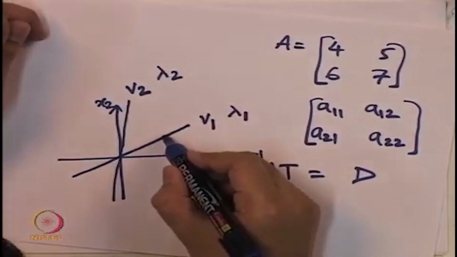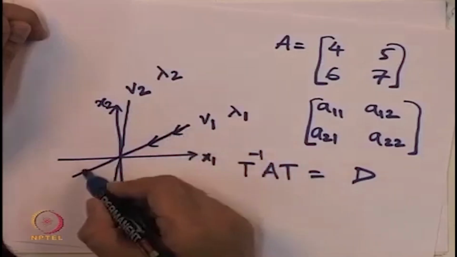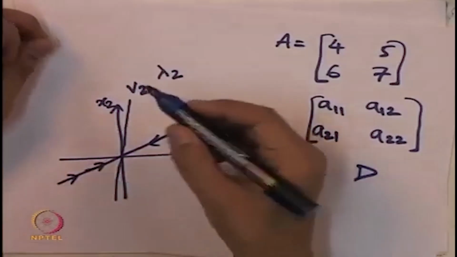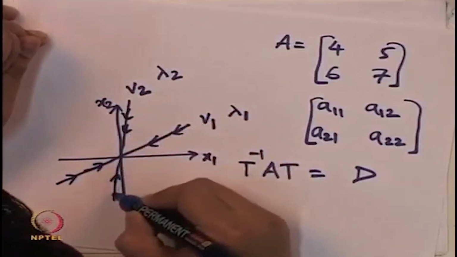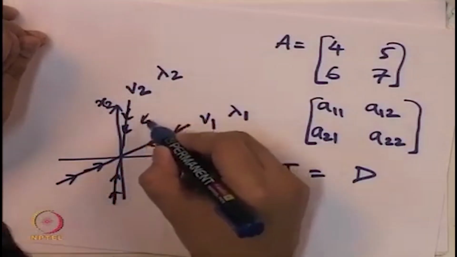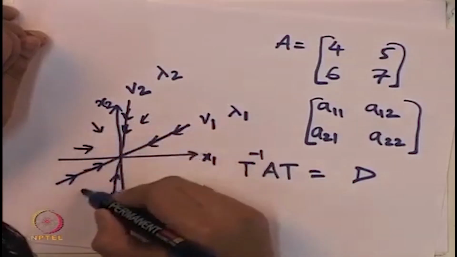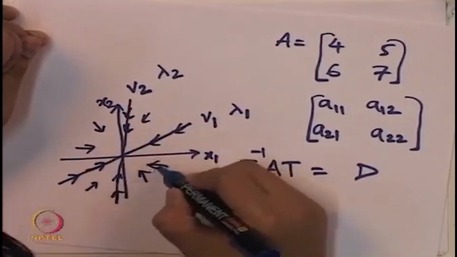So if lambda 1 is negative, then we can draw the arrows just like we had drawn for a stable node, and if lambda 2 is also negative, these arrows also can be drawn towards the origin, and the other places the arrows can be filled in, as I said, by superimposition.